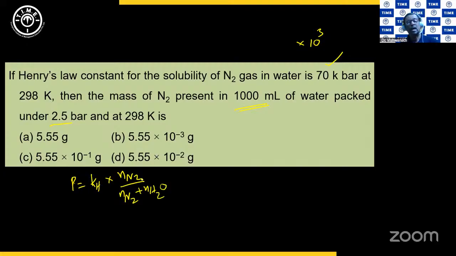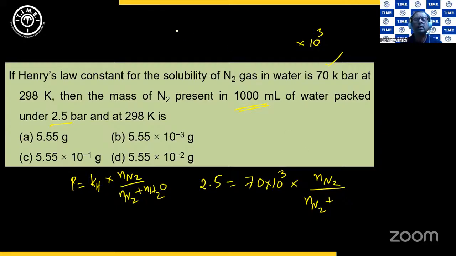There we had taken up carbon dioxide and here we are taking nitrogen. Pressure is how much? 2.5 bar. So put that here, 2.5 equals KH 70 into 10 cube, which is in bar now. It was given in kilobar there. Into number of moles of N2 by number of moles of N2 plus 1000 ml of water. 1000 ml is the same as 1000 grams because you know that density of water is 1 gram per ml, right?